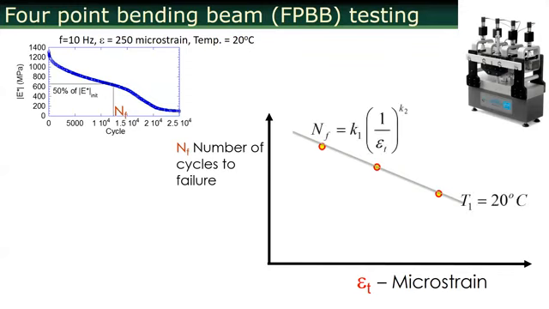The equation is NF, number of cycles to failure, equals K1 times 1 over ε to the power K2. This is in logarithmic scale, so log NF will be log K1 plus K2 times log of 1 over ε. So it's actually a linear equation.